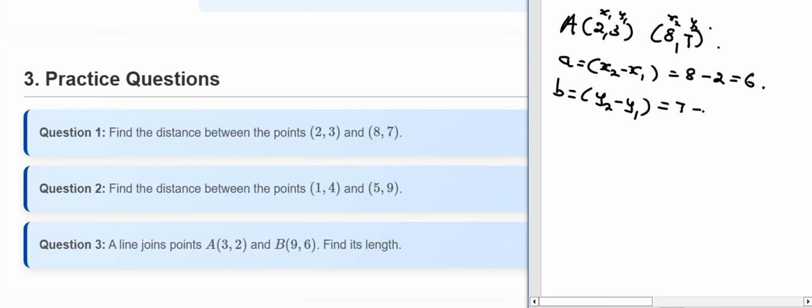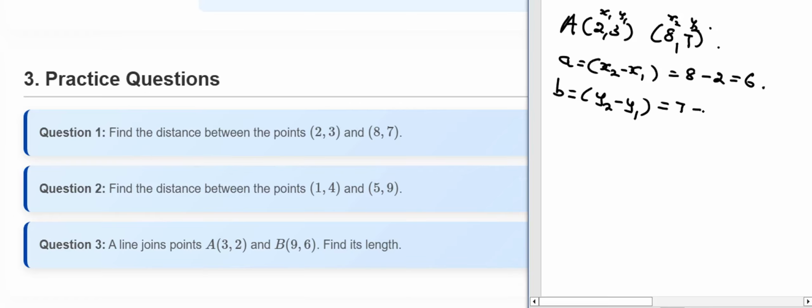And then to get C, which of course is the distance in our case, we apply the Pythagoras theorem. It's the square root of a squared plus b squared, which is the square root of 4 squared plus 5 squared, which is the square root of 16 plus 25, which is the square root of 41.